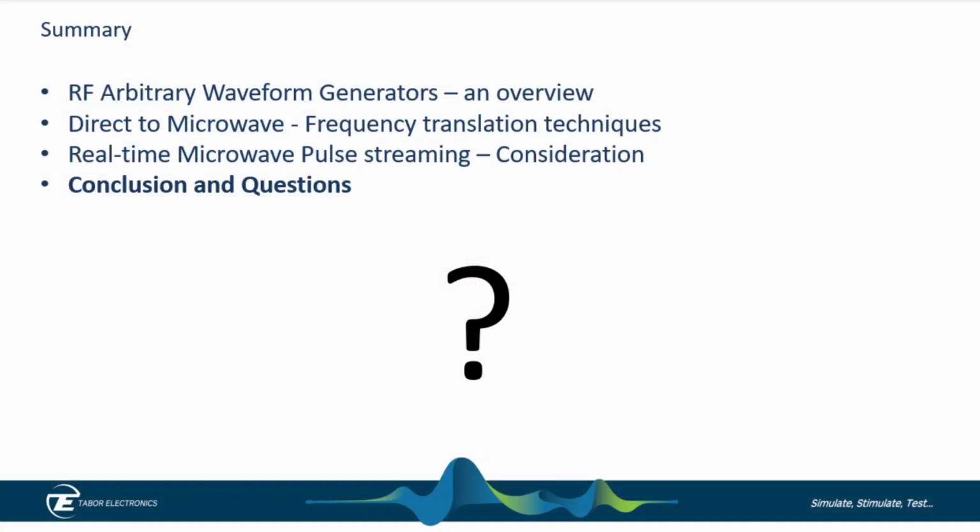So we're at the conclusions and questions stage of the workshop today. We've taken a look at arbitrary waveform generators. We know what they are. We now know that we can go direct to microwave with this type of instrumentation. We looked at a number of frequency translation techniques. And then most importantly, in the latter part of the presentation, we looked at what it takes to do real-time microwave pulse streaming.